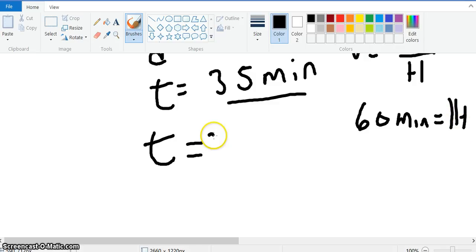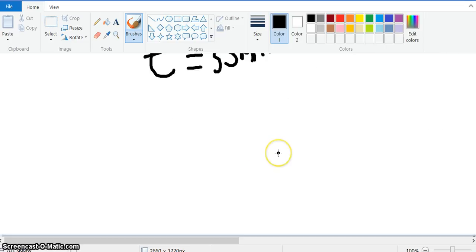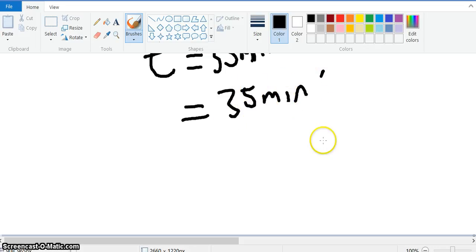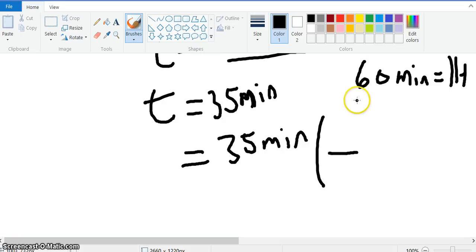So we have 35 minutes. Notice I write MIN for minutes, and you reserve little m for meters. Let me do this a little further down. So this is 35 minutes, and you use this fraction, you put the conversion factor in, in such a way that one of these, 1 hour or 60 minutes, goes on the top and the opposite goes on the bottom.